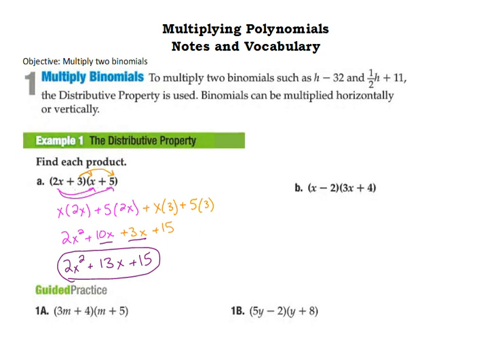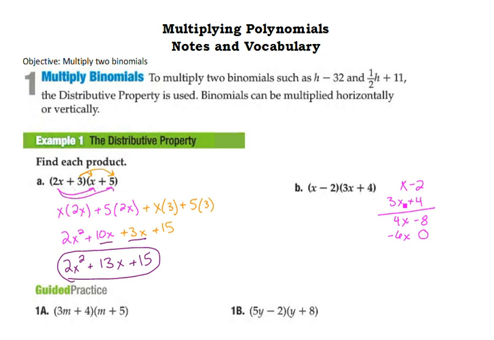Okay. I'm going to go ahead and set B up vertically, just as practice with that one. Okay. Remember, we're multiplying straight up, so 4 times a negative 2 is a negative 8. 4 times an x is a positive 4x. I'm going to drop my 0 there, and then I'm going to multiply across. 3x times a negative 2 is a negative 6x.